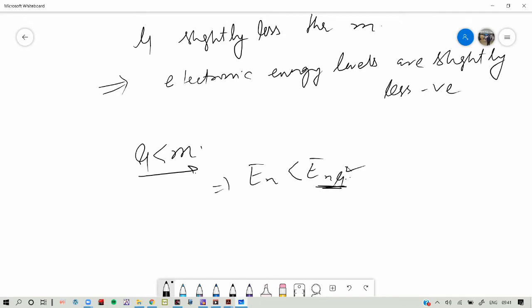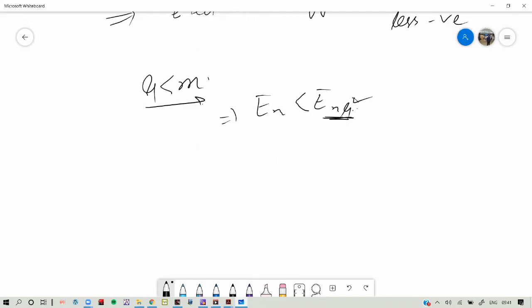Another thing is that when the energy is small, lambda, the wavelength of the spectral lines, will be large. So lambda for spectral lines is slightly larger than when we take infinite mass of the nucleus.